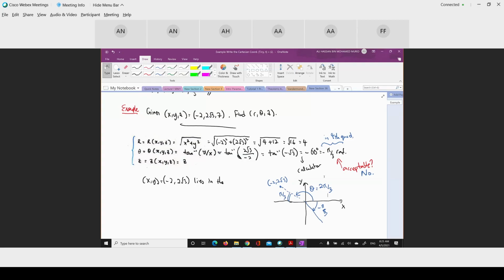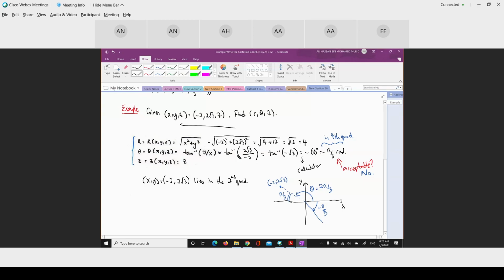So the point xy here is in the second quadrant, while the angle minus 60 degrees is in the fourth quadrant. However, the calculator value can help us determine the right angle, as shown in the diagram here.